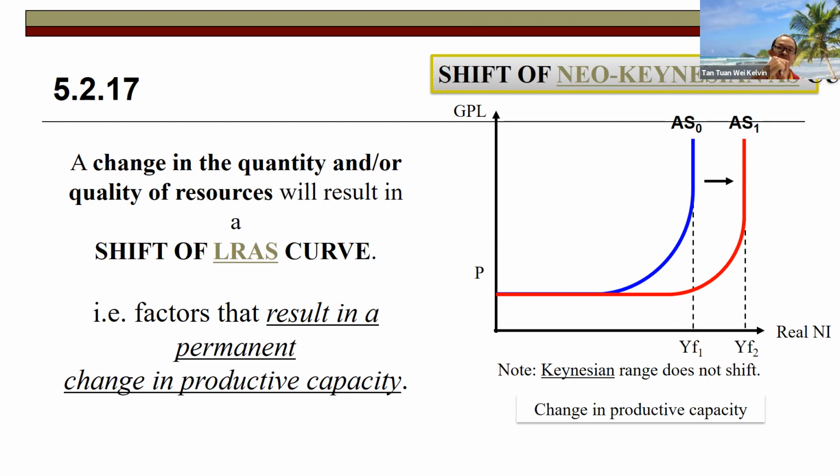So any change in the quantity or quality of any of these will shift the boundary of the PPC outwards. Likewise, it will shift the vertical part of the AS curve to the right. So take note, we will shift the vertical AS curve to the right. It turns out that the SRAS, the diagonal part, will also shift to the right. But as I said, in HCI, do not shift the horizontal part of the AS curve. Your tutors will probably remind you more and more during your tutorial class.